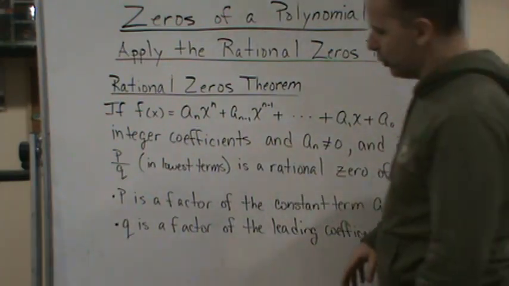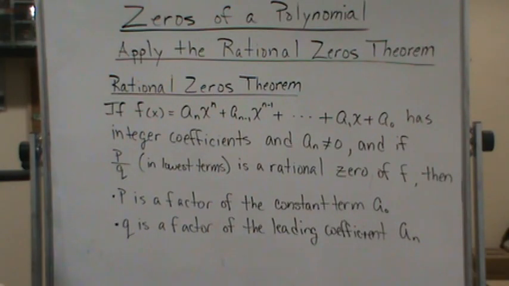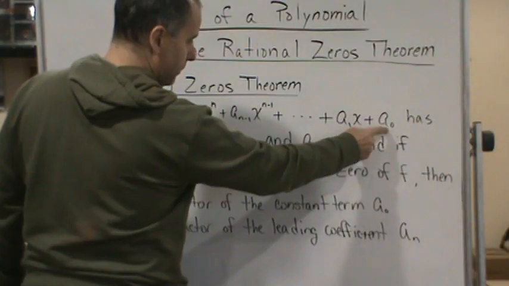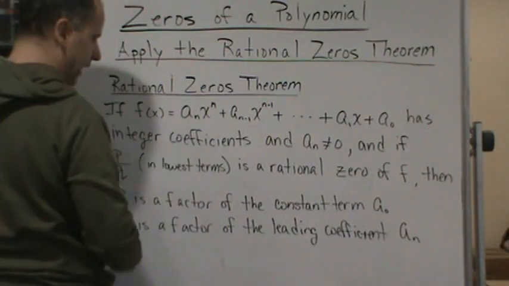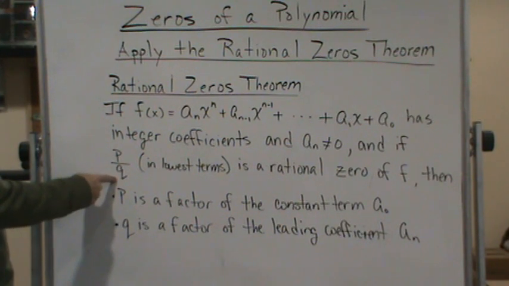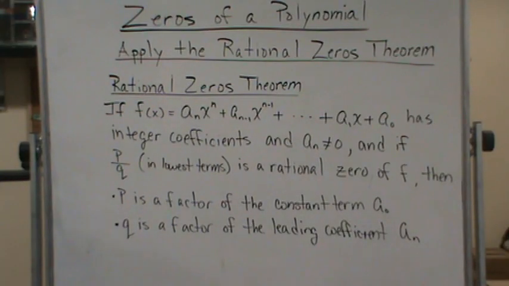Because now what we can do is we can kind of work backward and say, okay, if I start by taking all of the factors of a sub 0 and all of the factors of a sub n and creating all possible fractions of p over q, then that'll give me a list of all of the possible rational zeros I can test, or cycle through and find one, right?